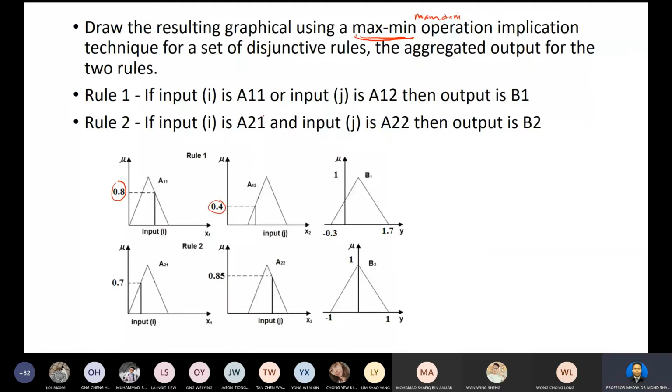The operation we use is OR, which as I mentioned means we have to select the maximum. From 0.8 and 0.4, the maximum is 0.8.